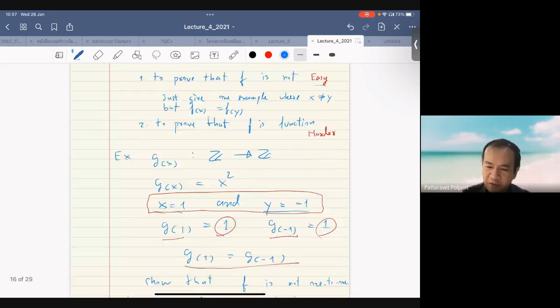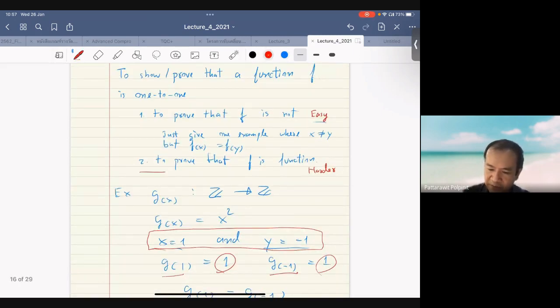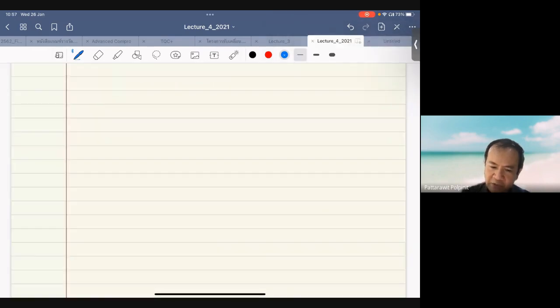So if it's a one-to-one function, we come back to this one to show that f is a one-to-one function. I should say here, not each function is a one-to-one function. To show that it's a one-to-one function, here's what we do.